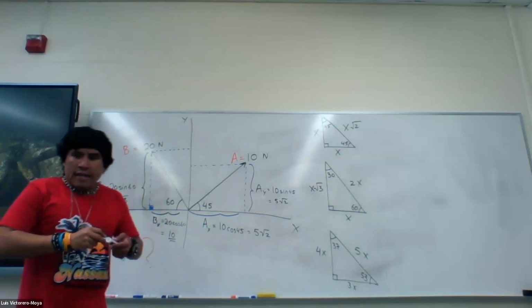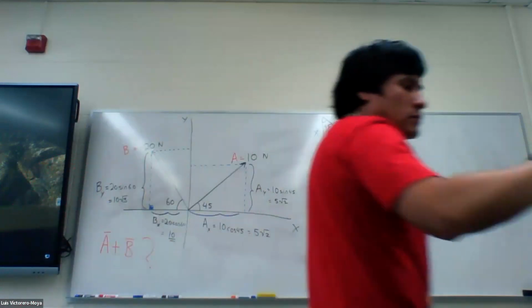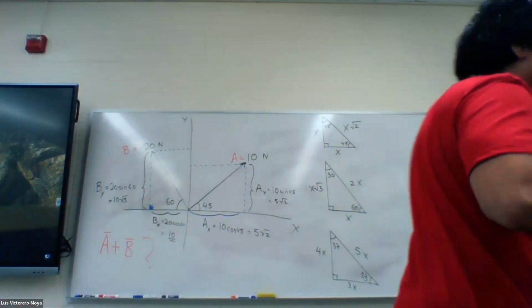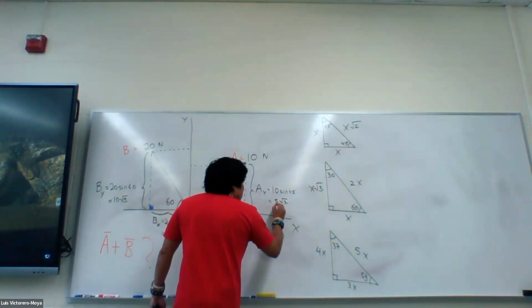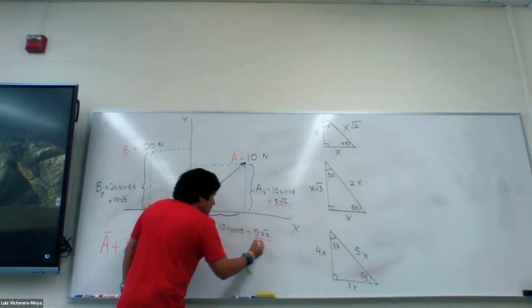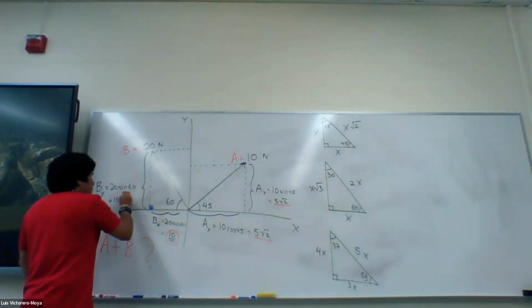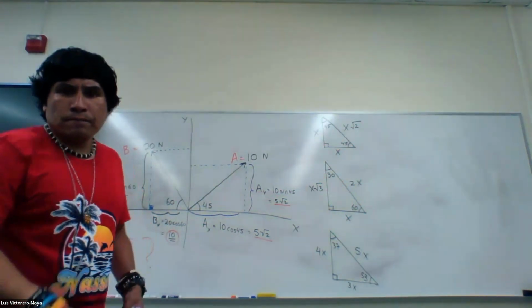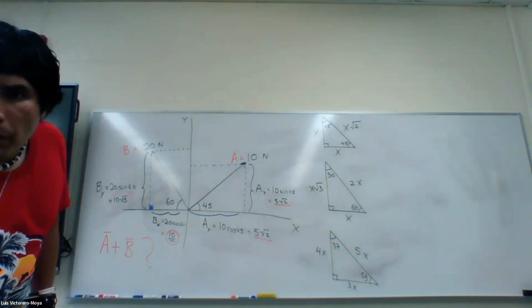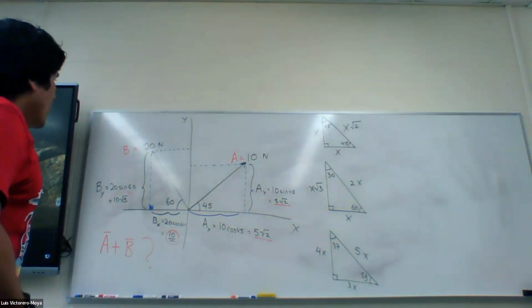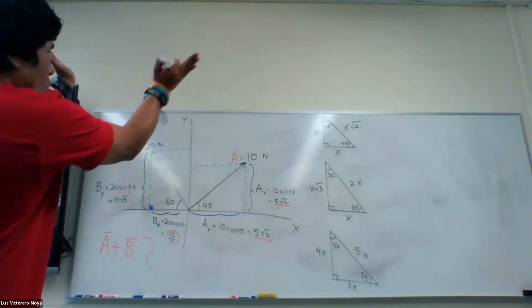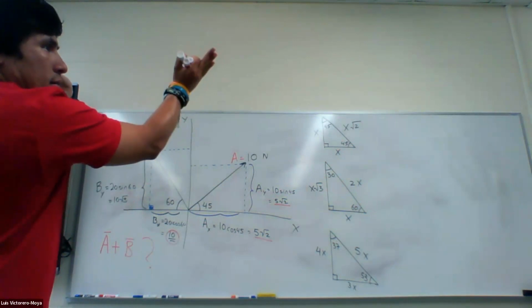So you can see you have all the components now. You have this, this, this, and this. Vector A and vector B are going like that.